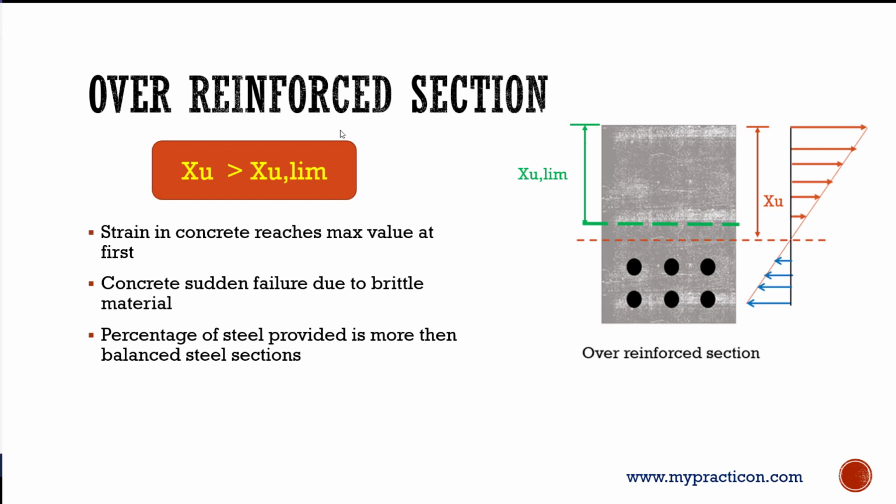So in that situation, what will happen? Some portion of the tensile zone reinforcement will be designed as compression steel as well. So that's why we can skip over reinforced cross sections. The doubly reinforced section design we'll discuss in the next chapter. Thank you.